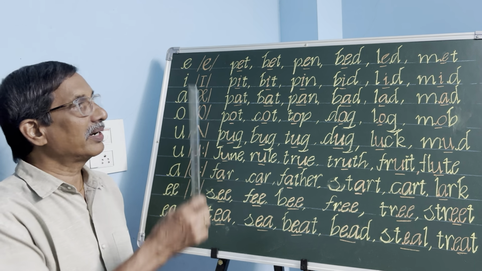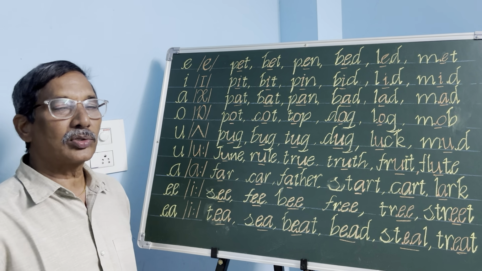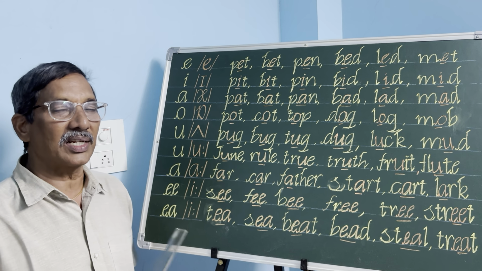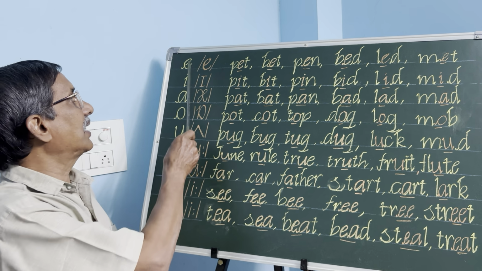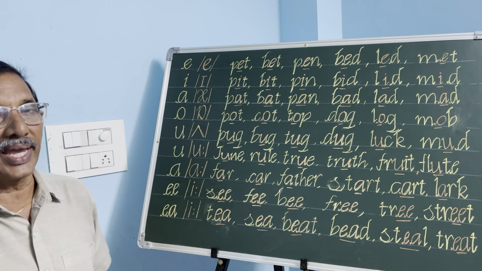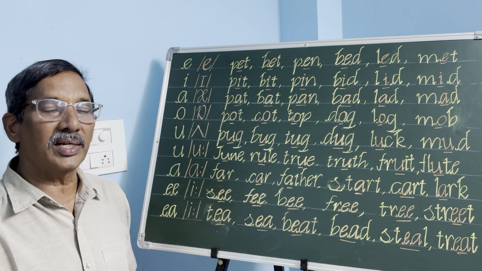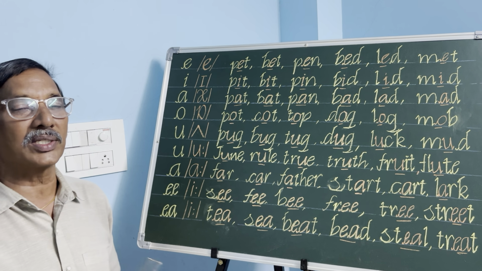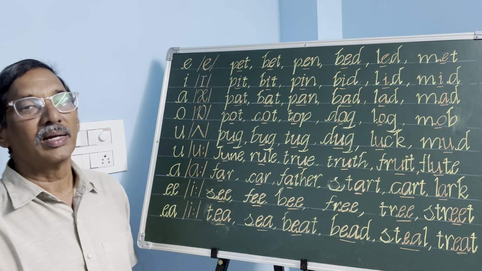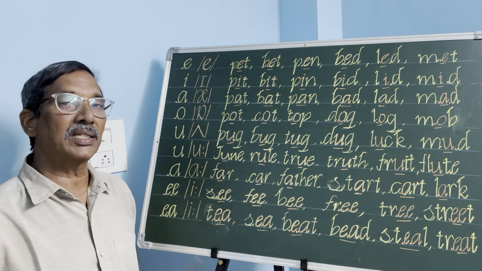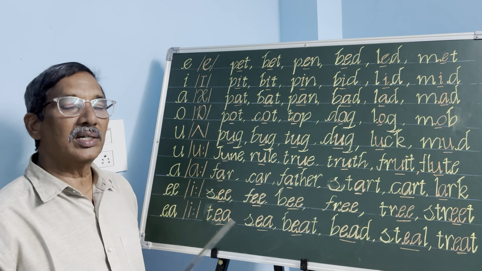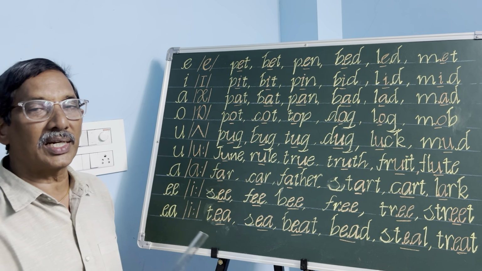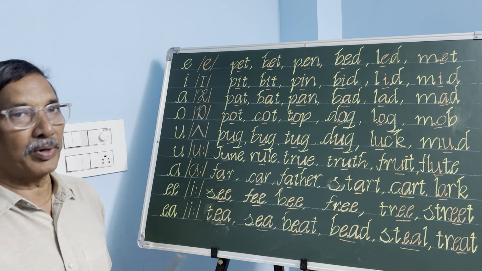pen, ten, etc. So first, if the teacher starts with this letter E and the sound A, of course the letter E does not produce the same A sound always, but there are limitations, even though it is the sound that the letter E frequently produces.